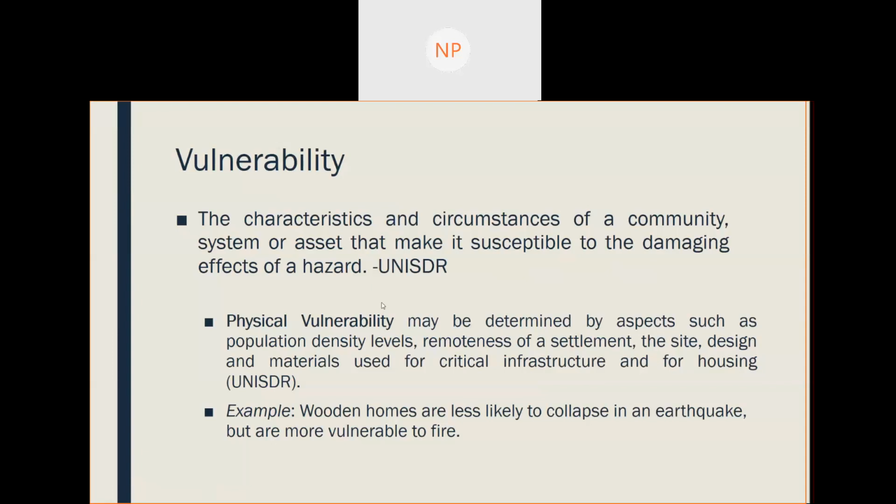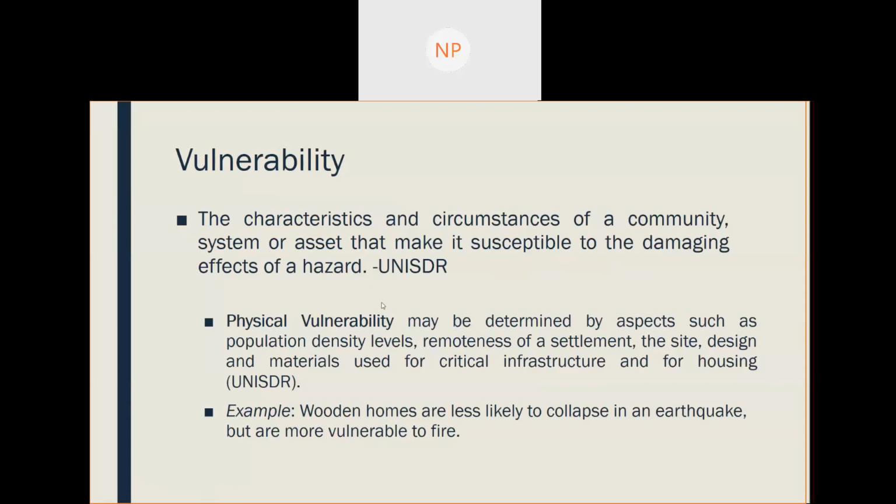Actually, this is the essence of vulnerability. Because someone staying in an RCC house may be protected more against this threat. This threat may be an external threat or an internal threat. By staying in that kind of house, you are more secure against the threat.